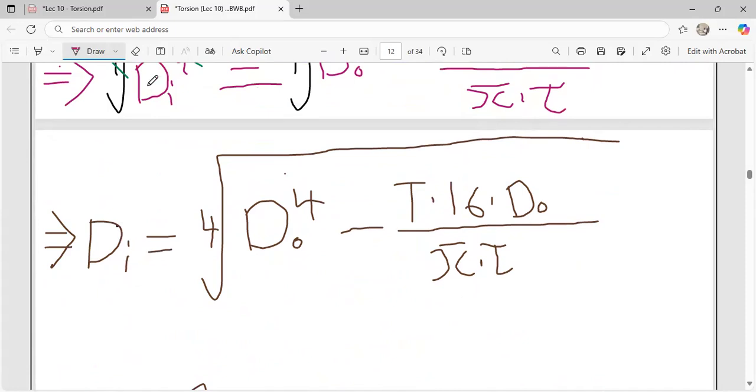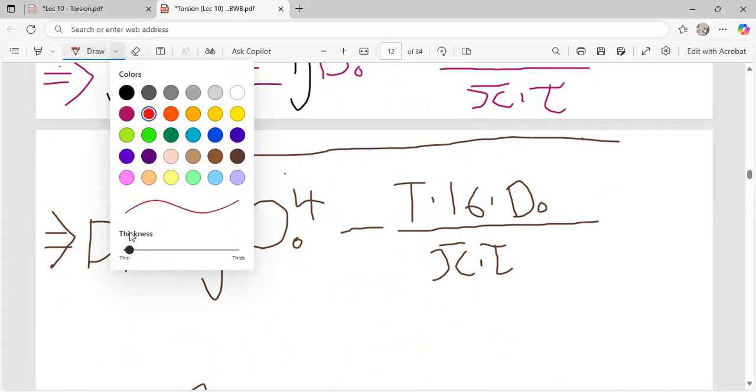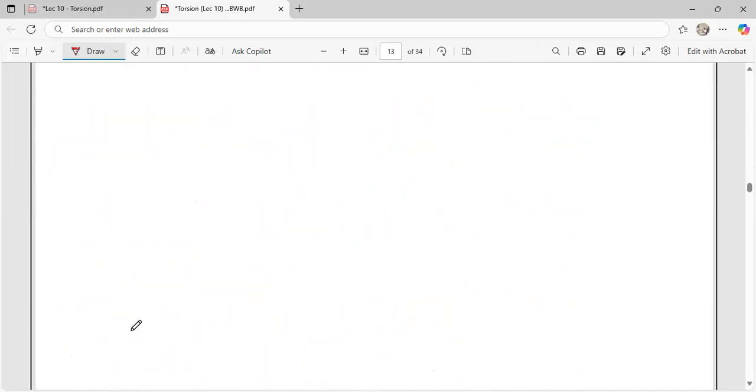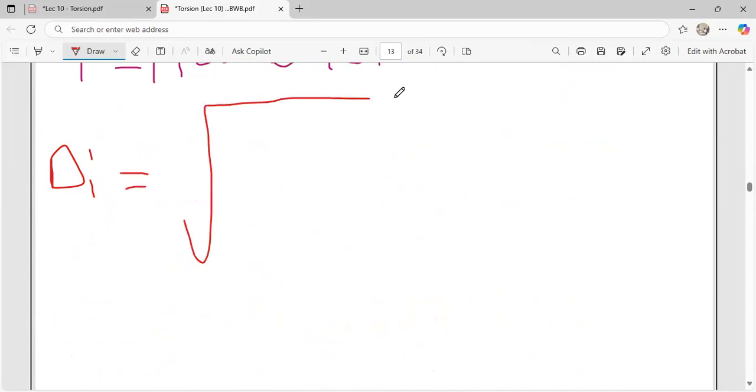Good. From here, we can now put everything into our general equation. What we had over here, we said that our di is equal to what? After making di the subject, we said that our di was equal to what? We took the n root of it, and the value of n was 4, where the d was what?